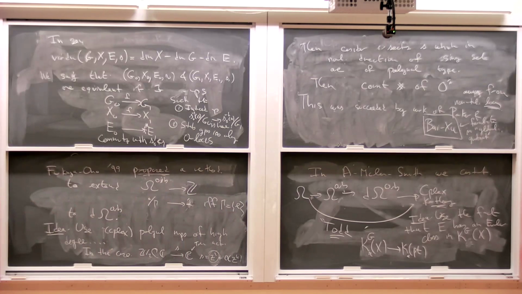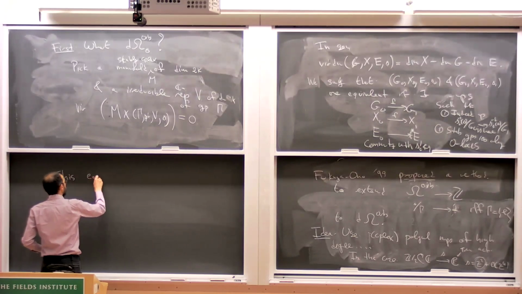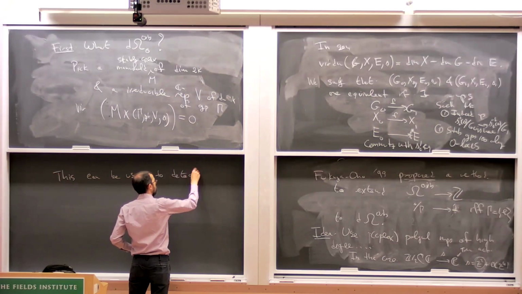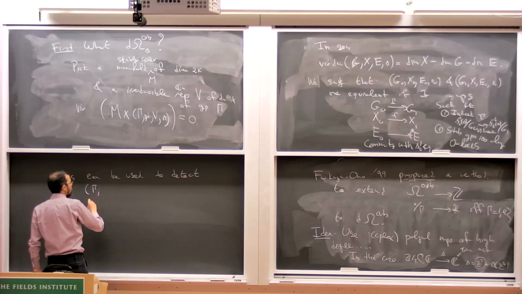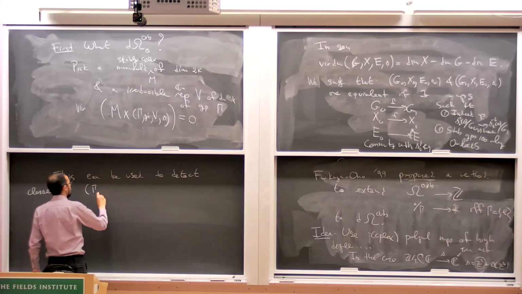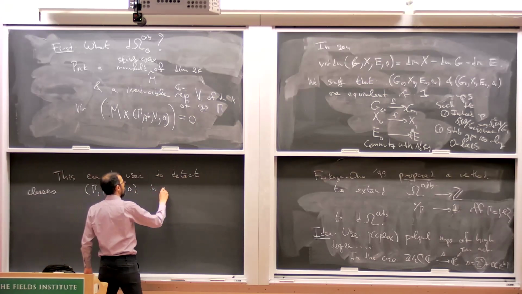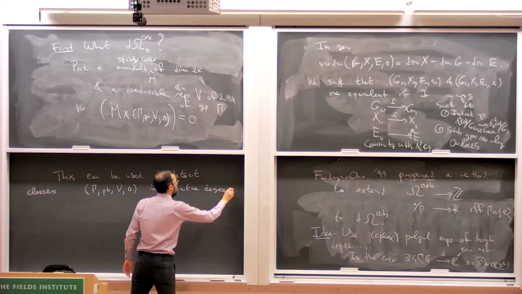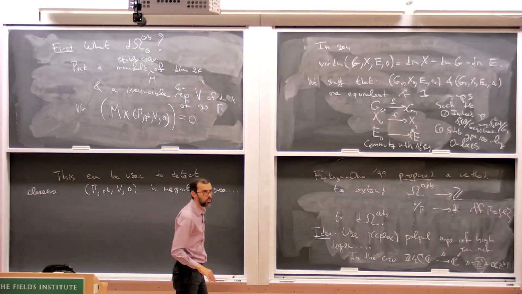So this homomorphism can be used to detect these orbifolds, which is just gamma, the classes in negative degree. Classes gamma and then point and then V and then 0 in negative degree. And you see some nice agreement between algebra and geometry.